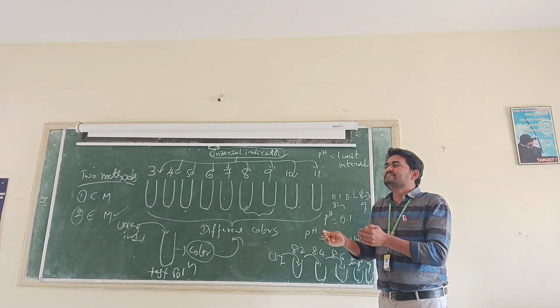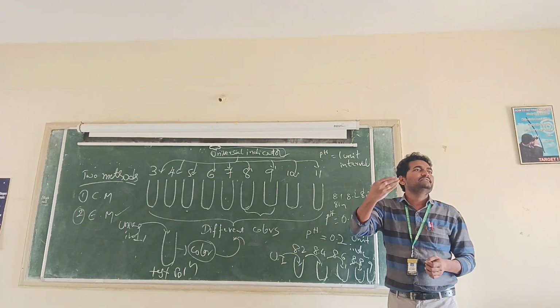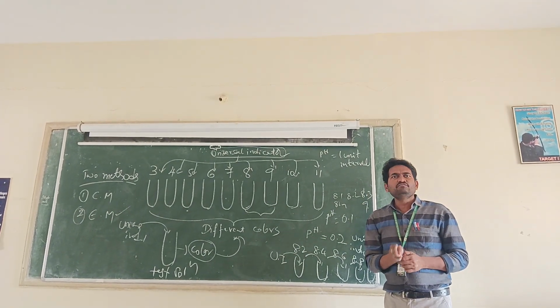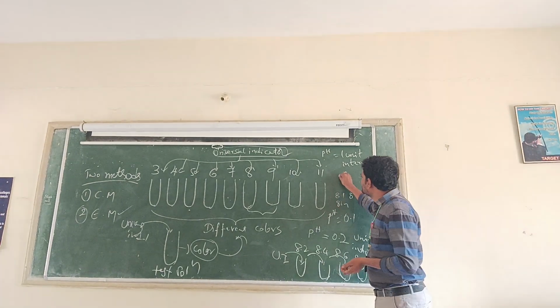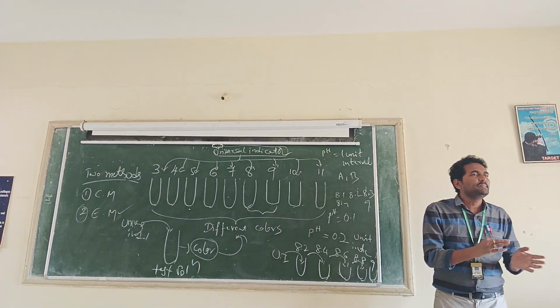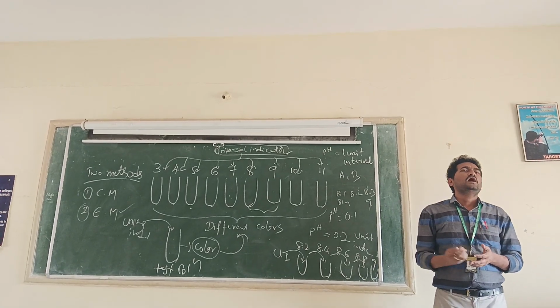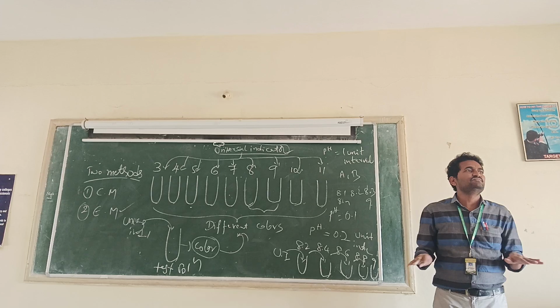If it reads slightly lower or slightly higher than the actual value, we add acids or bases to adjust the pH to the given standard buffer solution. After doing that, the calibration step is over.